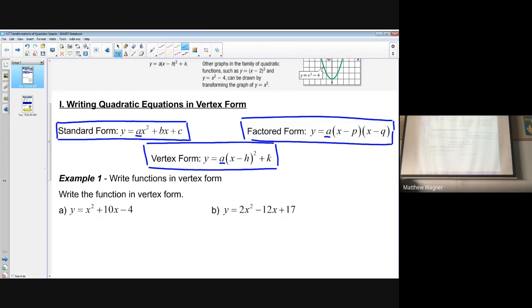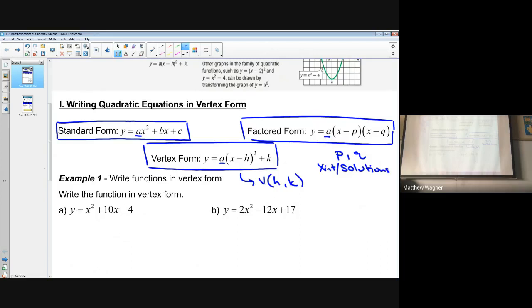Again, each equation tells you something specific. So vertex form obviously tells you your vertex is at the point (h, k). That's a good thing. In factored form, our p and q are the solutions or x-intercepts.